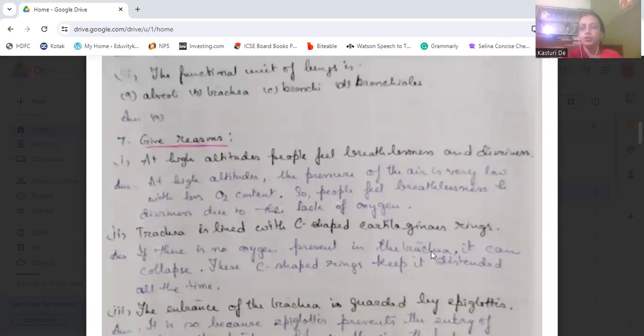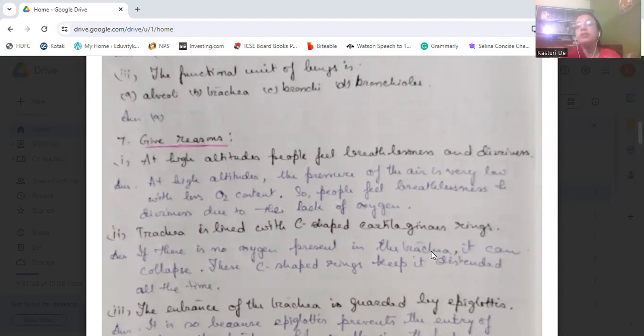Now, give reasons. At high altitudes, people feel breathlessness and dizziness. Why? It is because at high altitude, the pressure of the air is very low with less oxygen content. When we rise above the sea level, the air pressure decreases, and the oxygen content in the air also decreases.